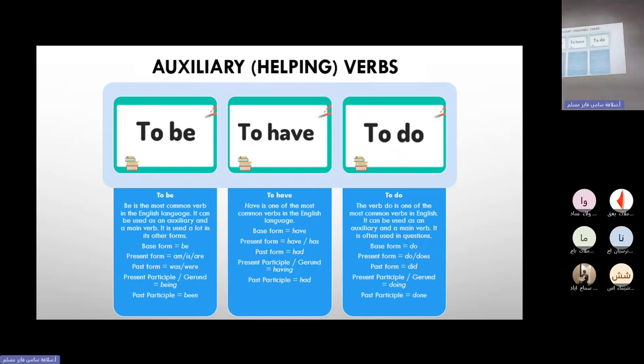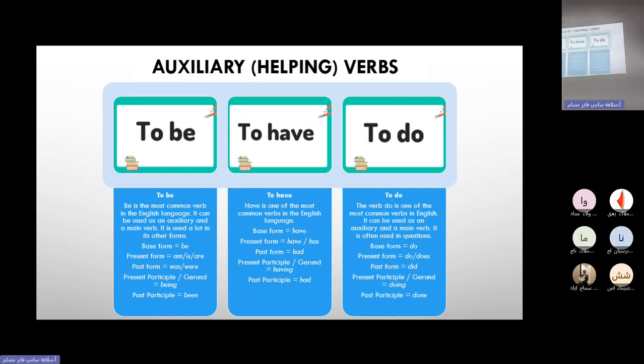We have what we call auxiliary or helping verbs. What are the helping verbs? Three: be, do, and have. Be is the verb we call in Arabic the verb of being. To be. Okay?